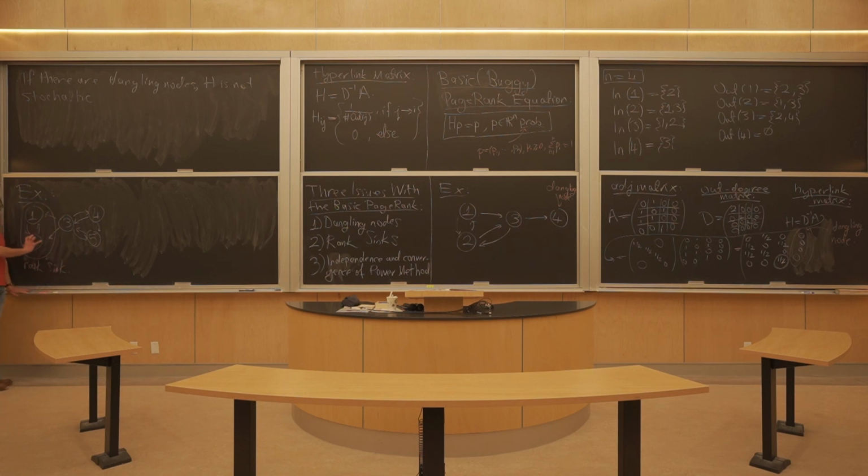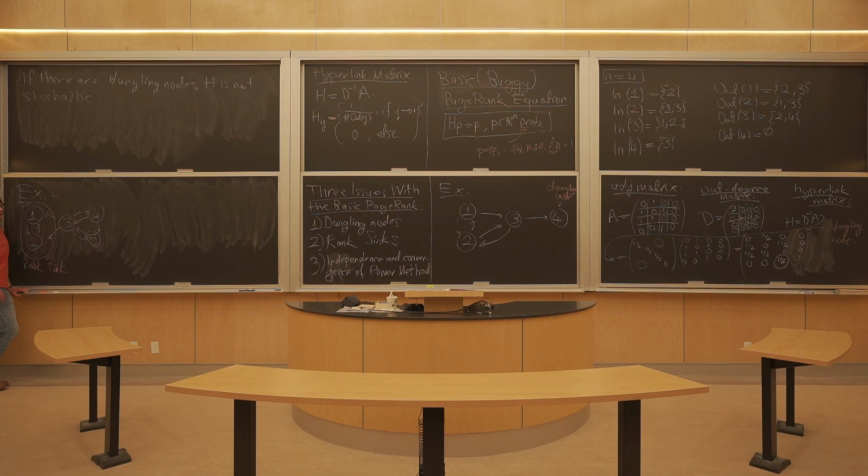This is sort of like a sub-network of your larger network that is consistent by itself, but it doesn't lead to somewhere outside. Using the random surfer model, you can say, no matter where I start, ultimately there is some probability, because there are links, that I'm going to land on 3, and then I'm going to have to move to 1 or 2. And then I'm going to be stuck here.